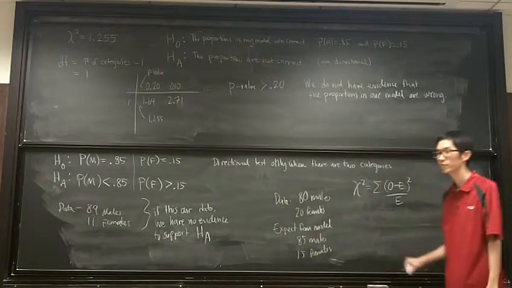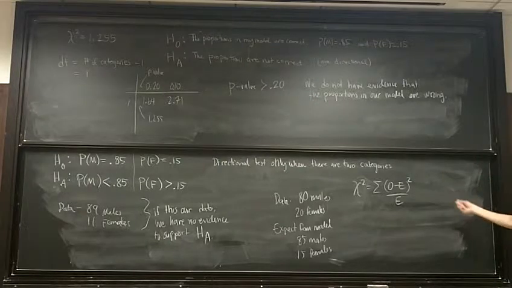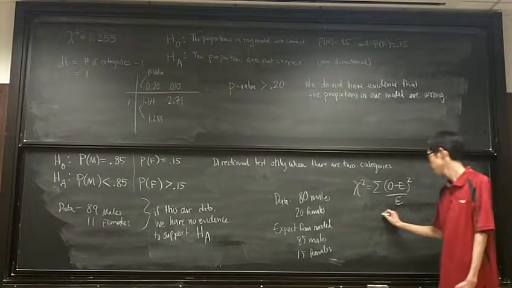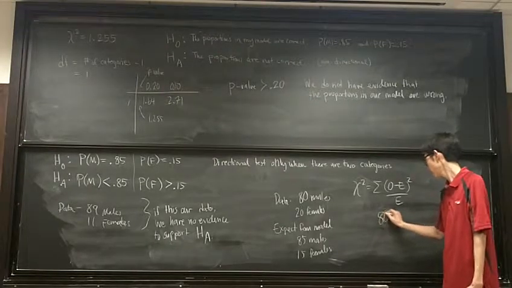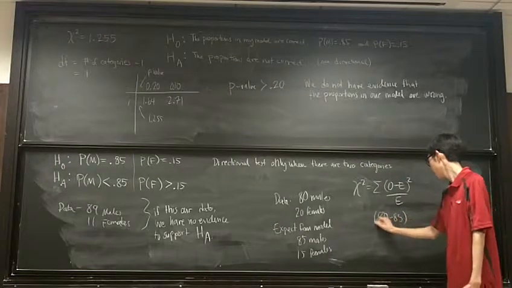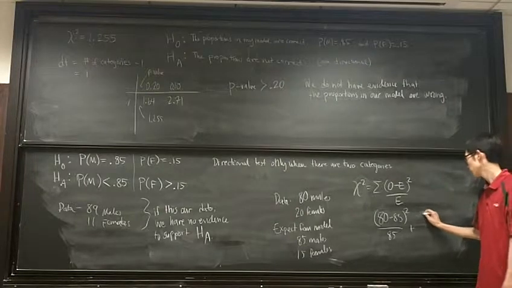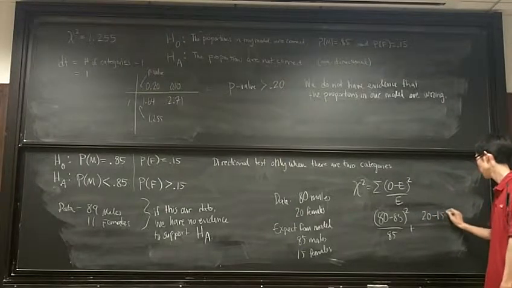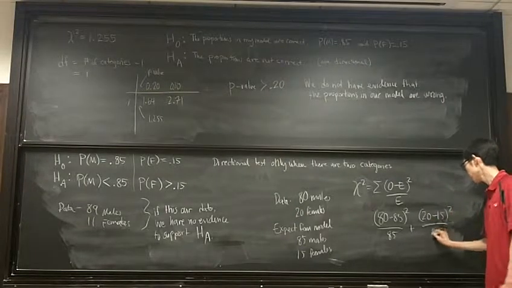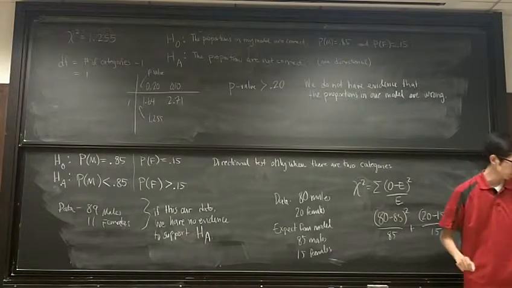So now we go through the test: 80 minus 85 squared over 85, plus 20 minus 15 squared over 15, and I get some number.